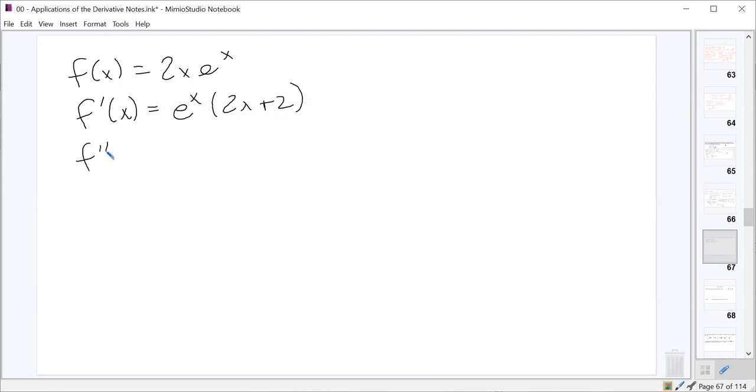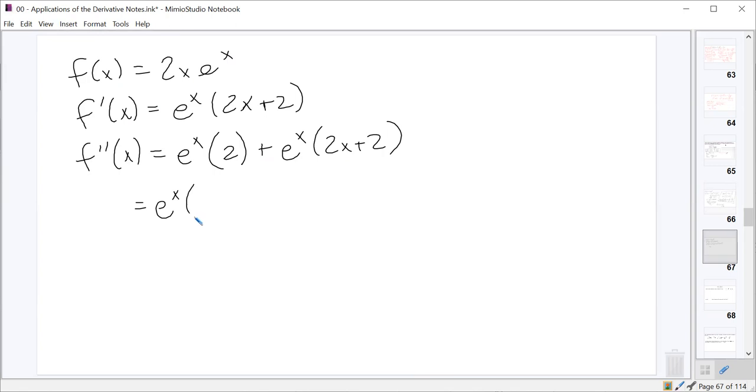The second derivative we'll again find using the product rule: e to the x times the derivative of 2x plus 2, plus the derivative of e to the x times 2x plus 2. And if I factor out the e to the x again, we get e to the x times 2x plus 4. Again, f double prime here is never undefined.